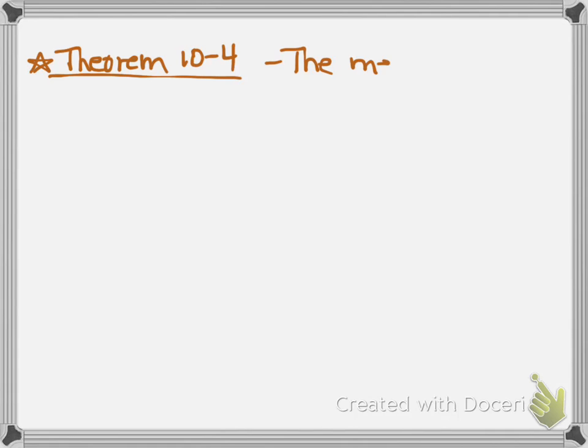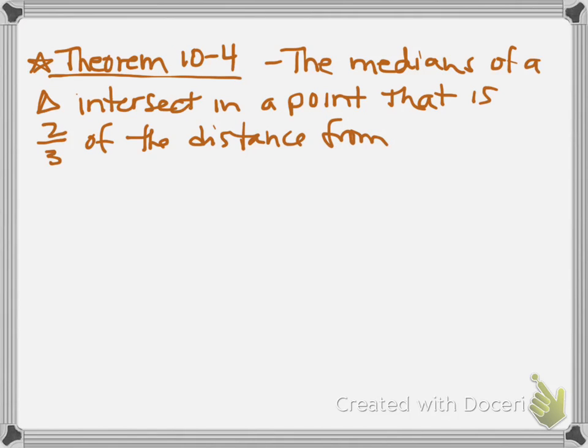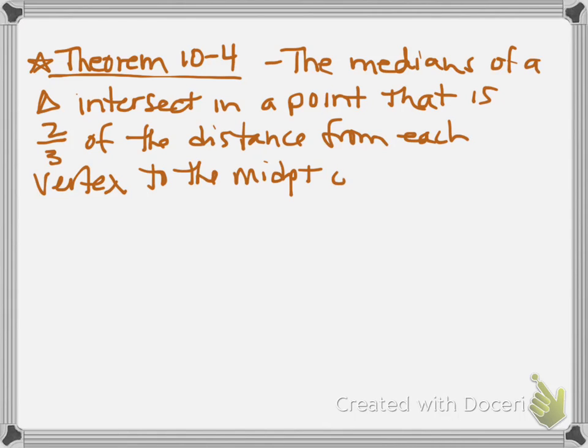This is Theorem 10.4. Which says the medians, so that's the last one we hadn't talked about, of a triangle intersect in a point that is 2/3 of the distance from each vertex to the midpoint of the opposite side.